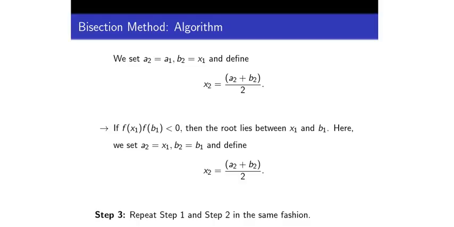Then you finally repeat step 1 and step 2 in the same fashion to get the root. You see, in this process we are subdividing the interval each time by length half, meaning multiplying by half.